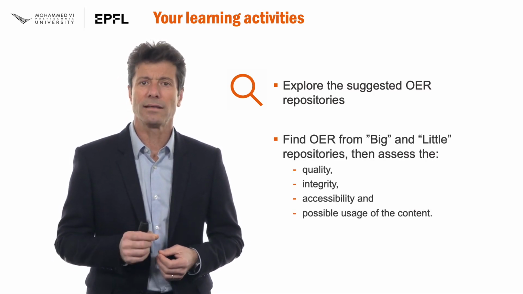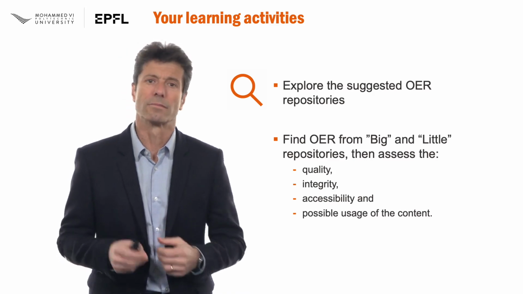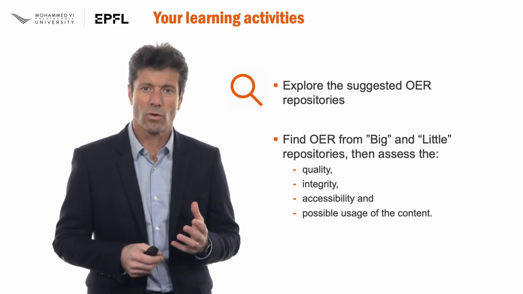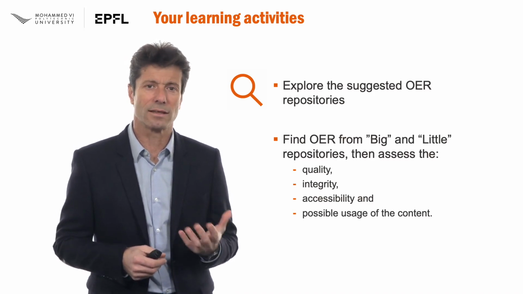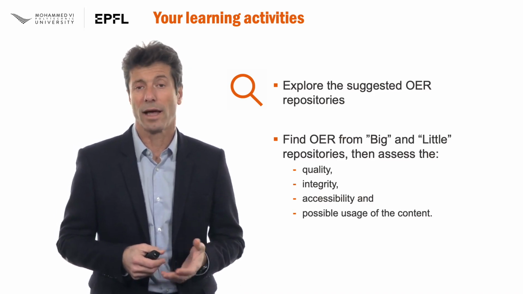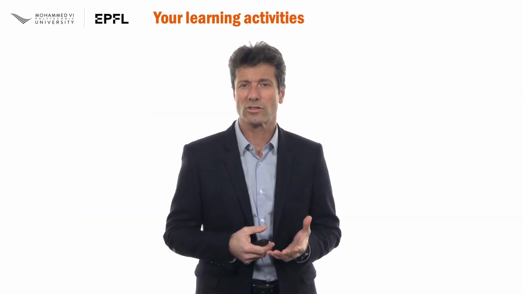Second, identify two specific OER, one big and one little, that are related to your own courses. Study them carefully and assess their quality, integrity, accessibility, and potential use for your own purpose. These activities should help you navigate through the various OER repositories and identify the most useful ones for your needs.